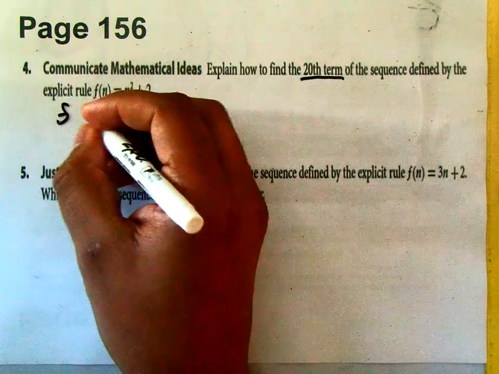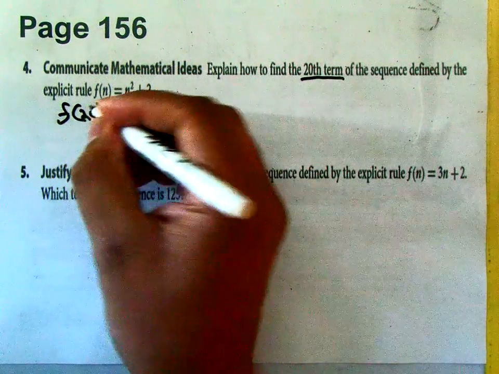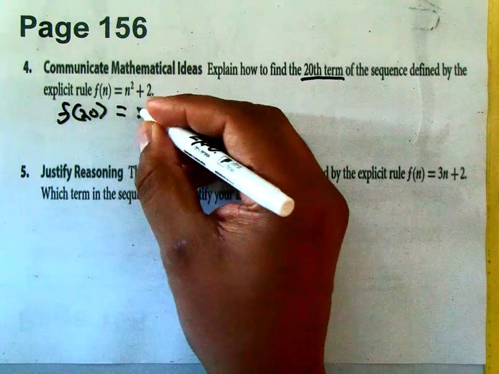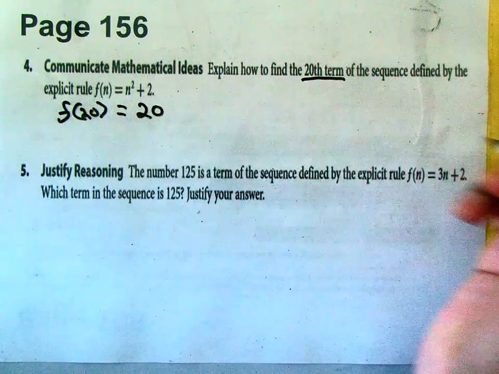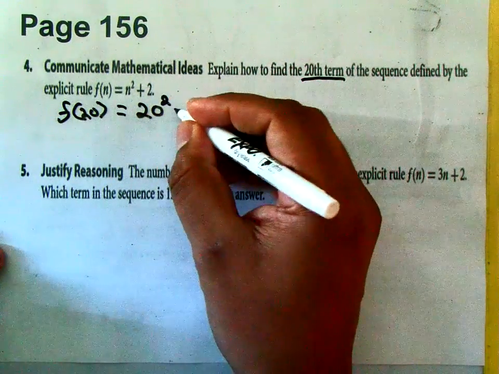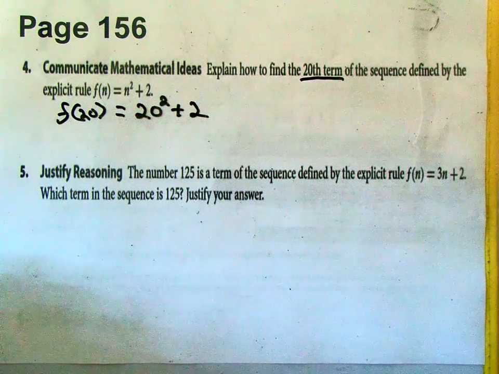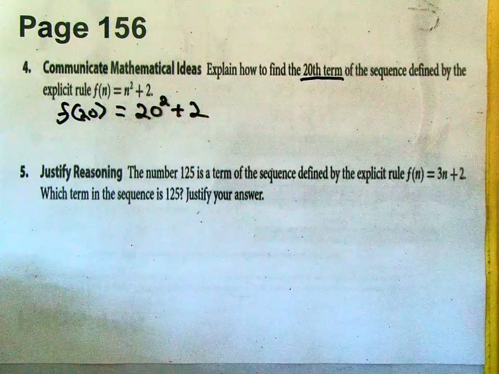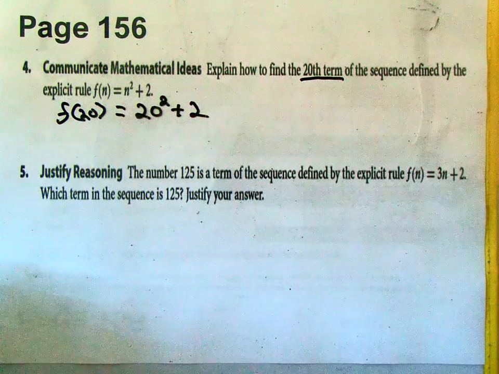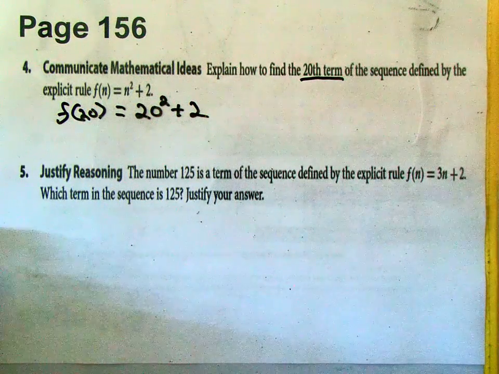So I got f of 20 is equal to 20 squared plus 2. All right.